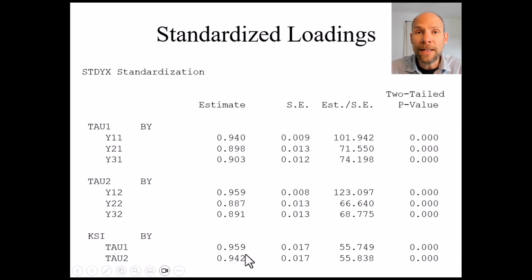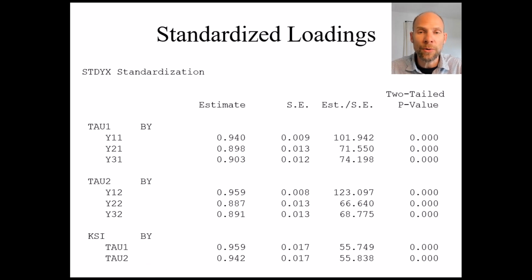And so what that indicates is that this construct is mostly trait-like. So the trait accounts for most of the variance in tau 1 and tau 2. We can already see that even though those values are not R squared, they are equal to R, but you can already imagine that these values squared will give you something that's very, very high, close to 0.9, as we will see later.